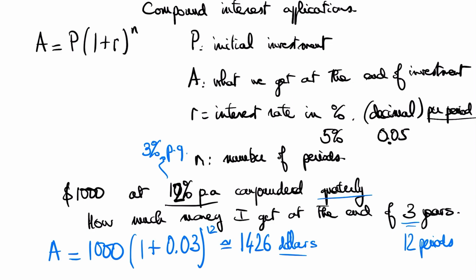Okay. Now let's apply that to another situation, and we are going to use what we have done particularly with geometric series. Say we are in a situation where you are making a contribution to an investment over a period of time. The first year you put a deposit of 500, and at the end of the first year you put another 500, and then another 500 a year after, and so on.